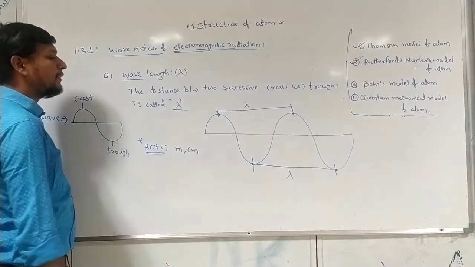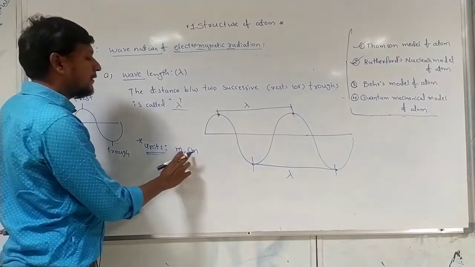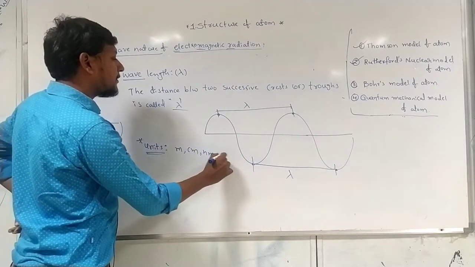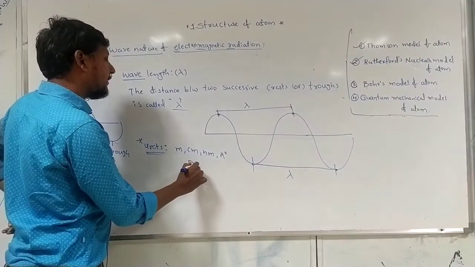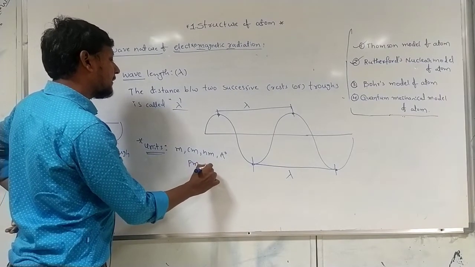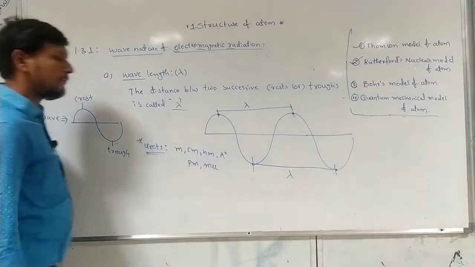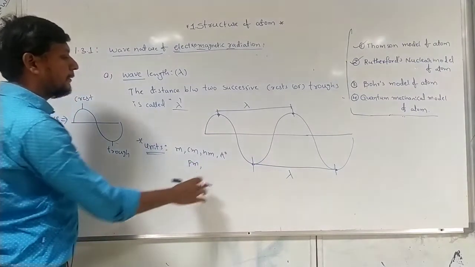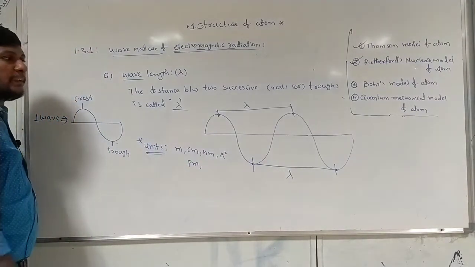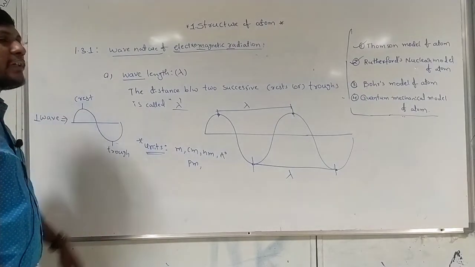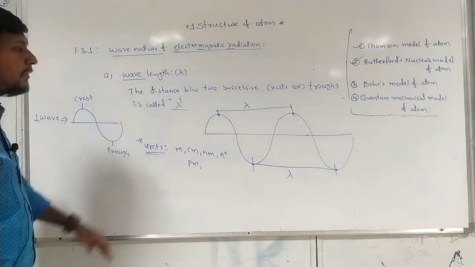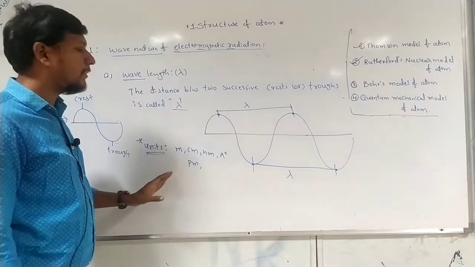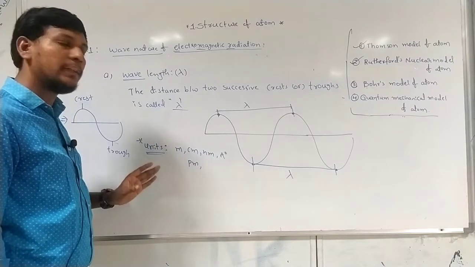Wavelength units are meter, centimeter, nanometer, angstrom, picometer, millimicron. You have to remember up to here. Some unit conversions are also there, and we have to know them. Unit conversions are very important.